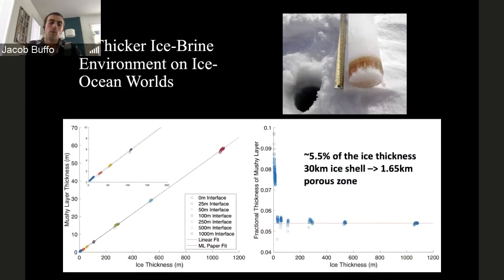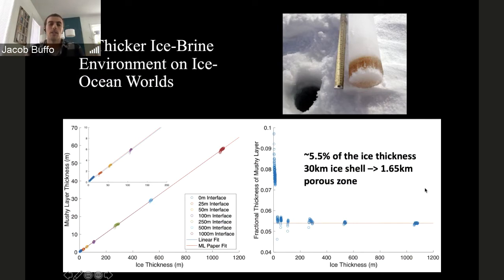This is really important because we can come up with a simple relationship showing that it follows that point in the ice shell where everything is going to freeze out, the eutectic point. We found that it's about 5% of the ice shell thickness. So if you have something like a 30-kilometer thick ice shell on a moon like Europa, that porous region where you could have fluid flow and fluid present could be up to 1.5 kilometers thick.